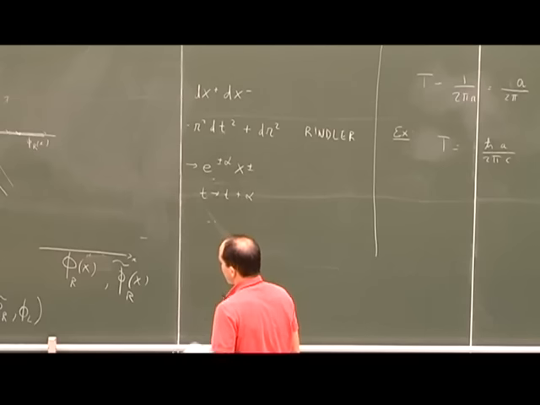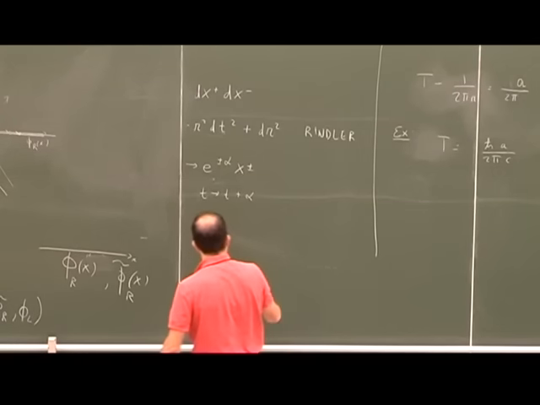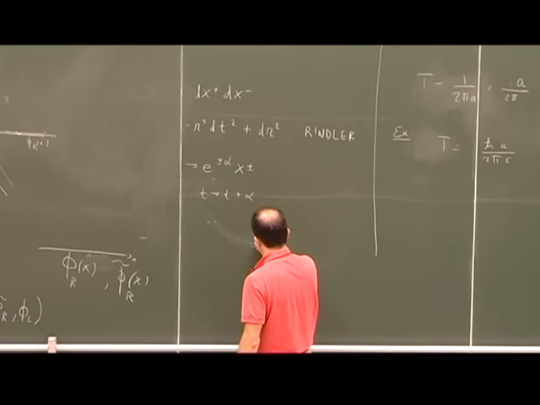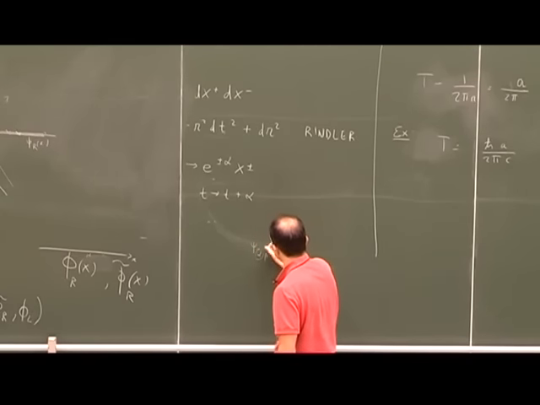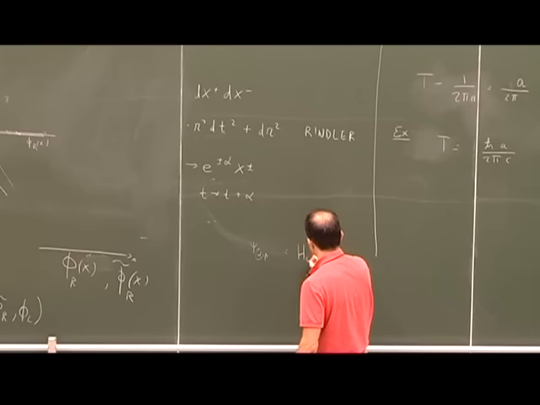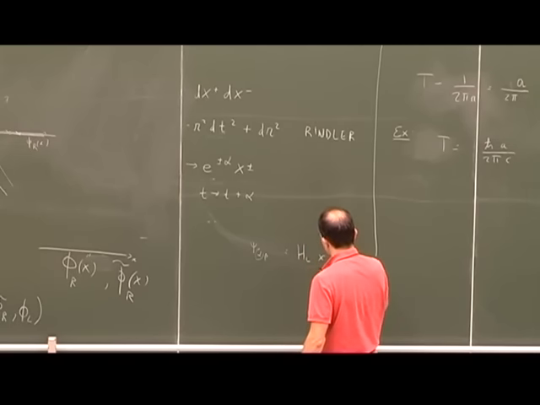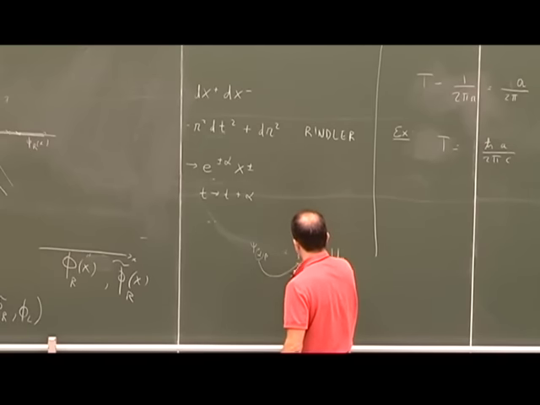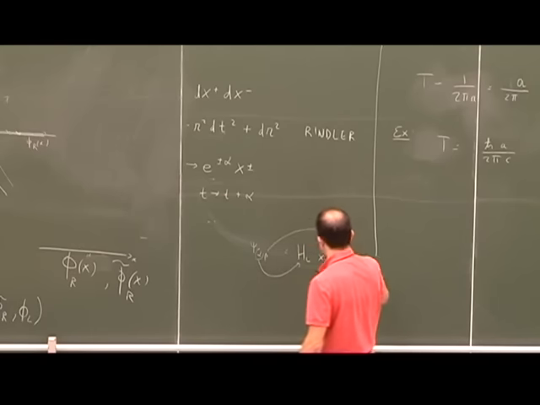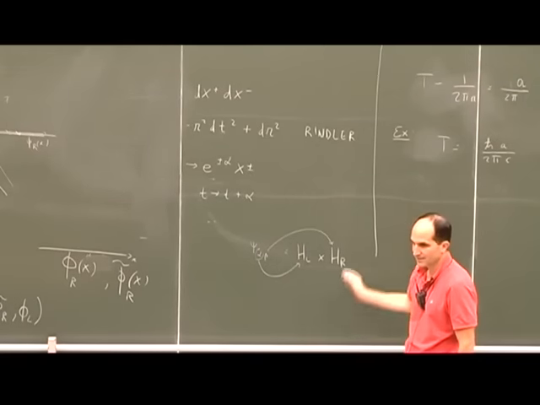So the usual story: when we have a wave function which depends on two indices, alpha and beta, defined on a Hilbert space H left times H right, the alpha index labels states here, and the beta index labels states here.